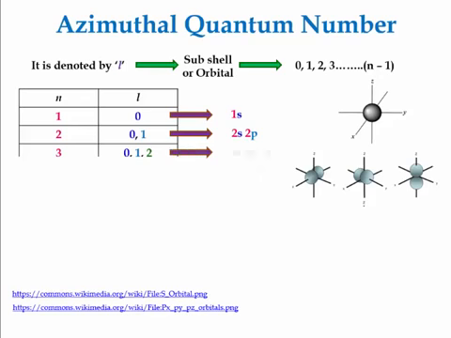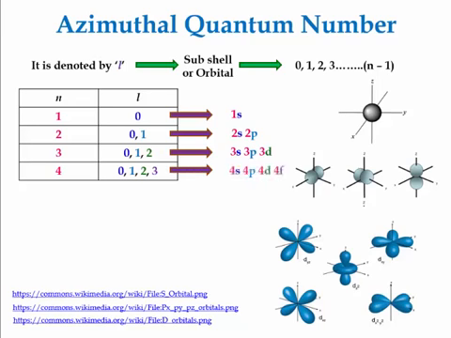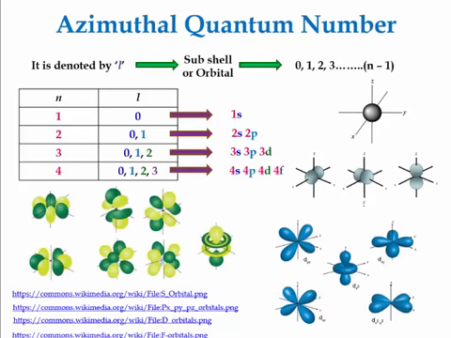That means s orbital, p orbital or d orbital. Finally, when the value of n is 4, L can be 0, 1, 2 and 3. That is s orbital, p orbital, d orbital or f orbital. Now we know that if the value of n is 4, the electron is in the fourth shell and accordingly the electron can be in s orbital, p orbital, d orbital or f orbital.